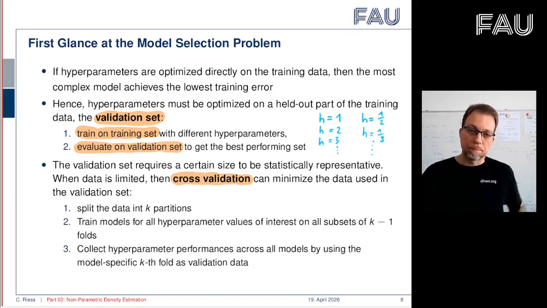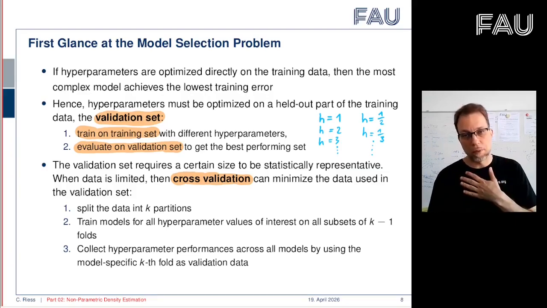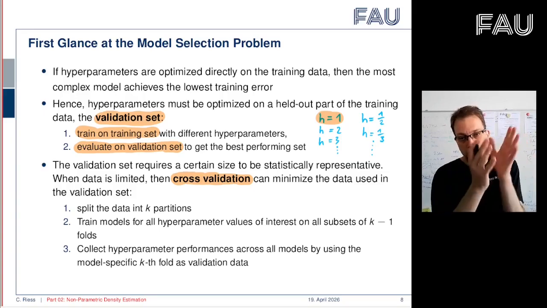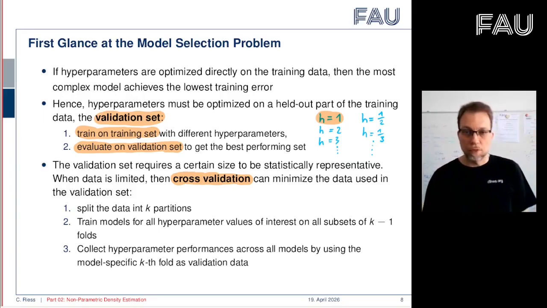Then you check for each of these folds how hyperparameter h equals 1 performed on this subset, how h equals 2 performed on this subset.